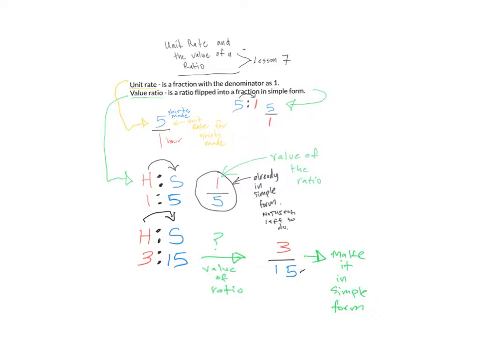What we do to the bottom, we do to the top. So 15 divided by 3 is equal to 5. And then 3 divided by 3 is equal to 1. Can we reduce this anymore? Nope. This is the value of the ratio.